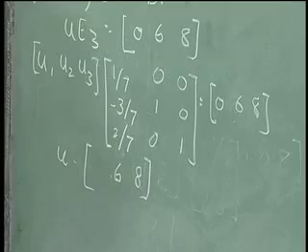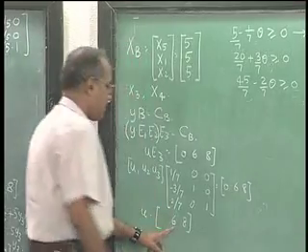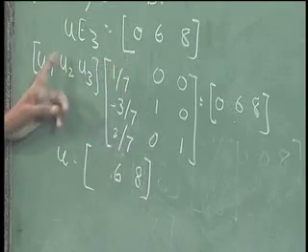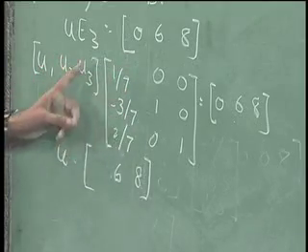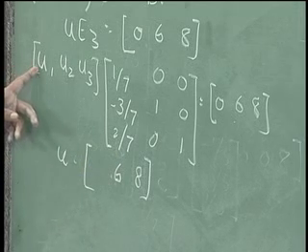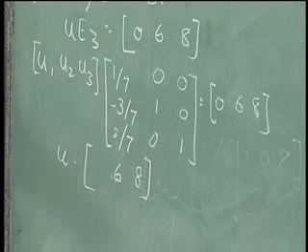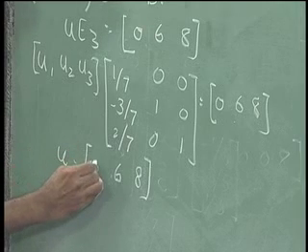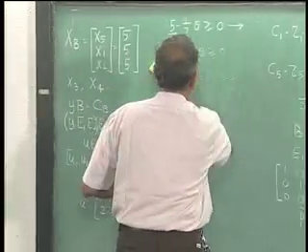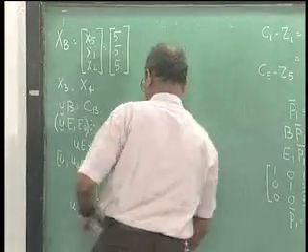So, 1 by 7 u1 minus 2 by 7 is equal to 0, from which u1 is equal to 2.